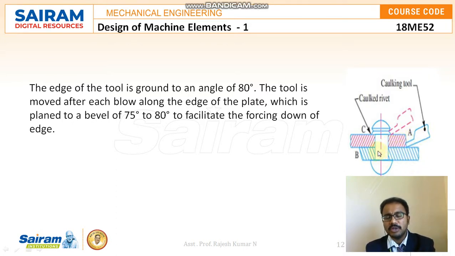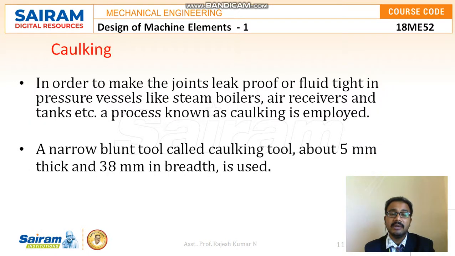What benefit will I get by doing this? As I explained already, I'm looking for a leak proof joint, and it should be a fluid tight joint. Such cases are where we employ the caulking process.